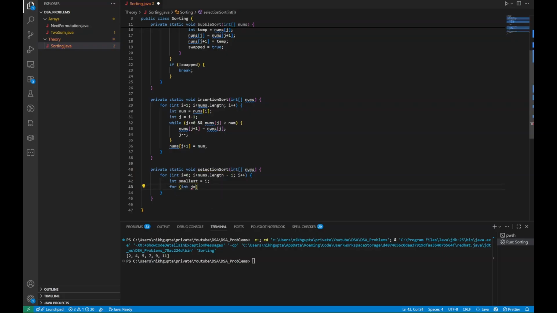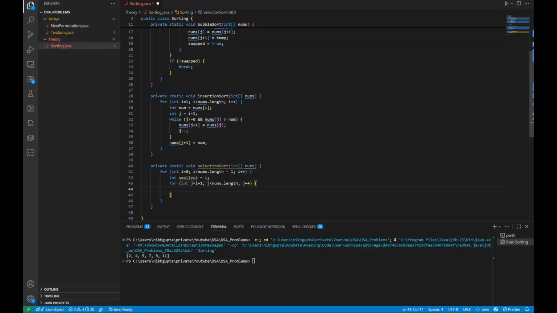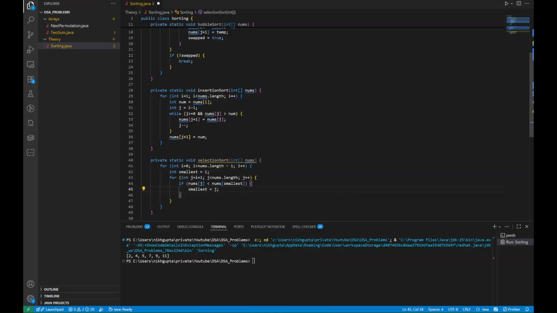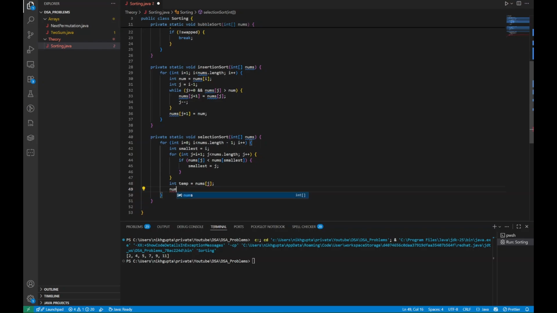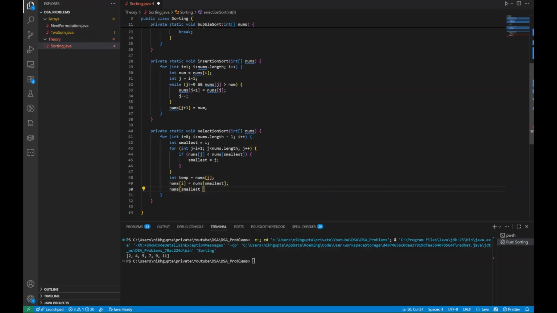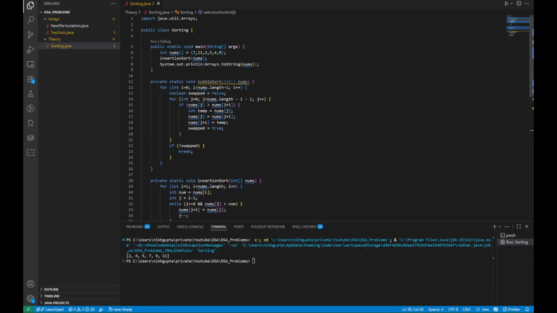For int j equals i plus 1, j less than nums.length, j plus plus: if nums of j is less than nums of smallest, smallest equals j. Then int temp equals nums of j, nums of i equals nums of smallest, and nums of smallest equals temp. So this will be i. All right, so we will change it to selection sort.